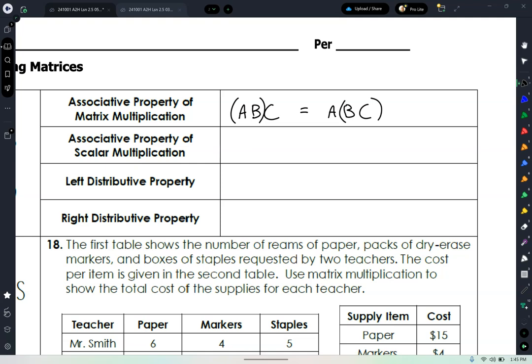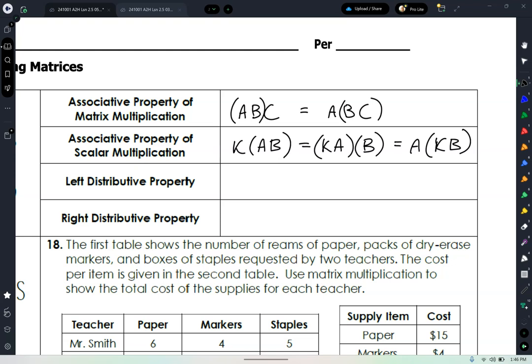Okay, associative property of scalar multiplication. So we're going to use K as our scaling variable. So K times A times B, like that, could be done K times A and then multiply by B. Or it could be A times K times B. So when you have scalar multiplication, that's the one we did yesterday where we take a number and we scale up or down or into the negative each of the elements with a constant, right?